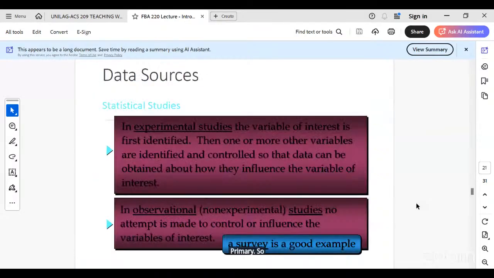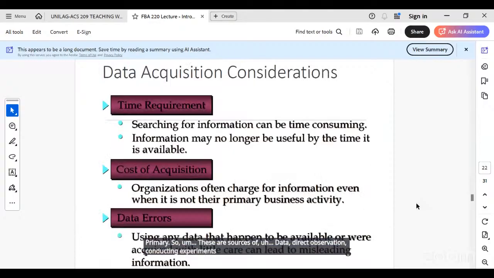So these are sources of data: direct observation, conducting experiments, sample survey, and so on. So when you collect data, there is so much that one needs to be very, very careful of and to put into consideration.